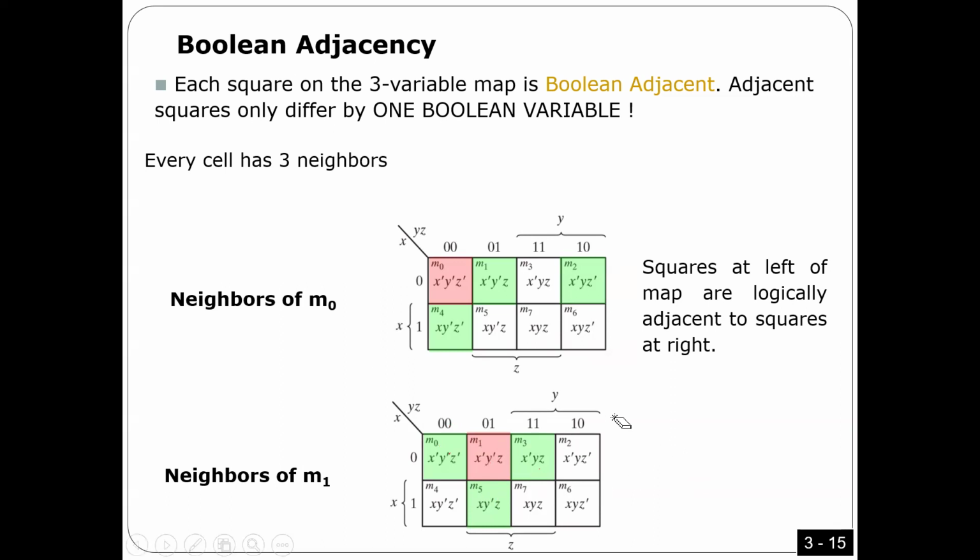The rule I'm using is, if you compare this one with this one, there is only a change in one variable. Same thing here, same thing here. Diagonal cannot be neighbors. So the neighbors of M1 are this one and this one. Makes sense? Who are the neighbors of M0? The direct vertical and horizontal neighbors, and also the other one.